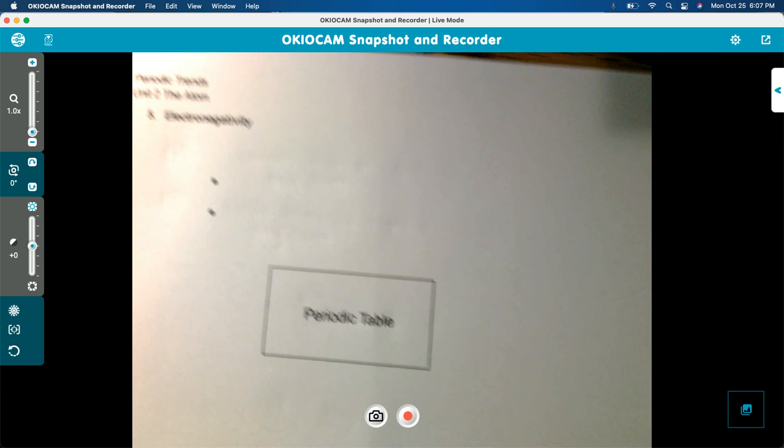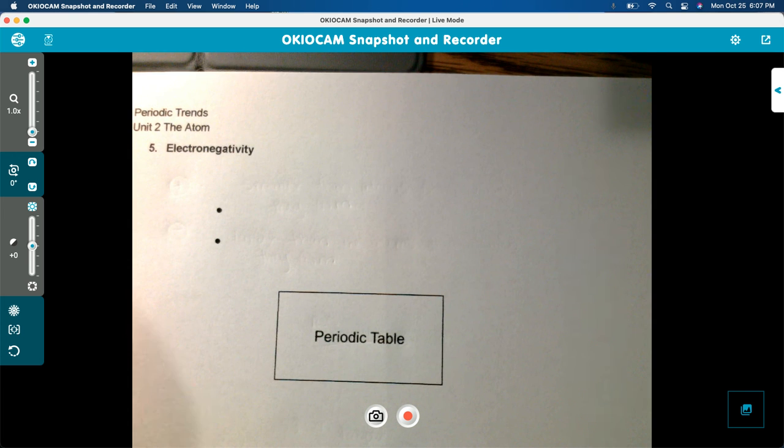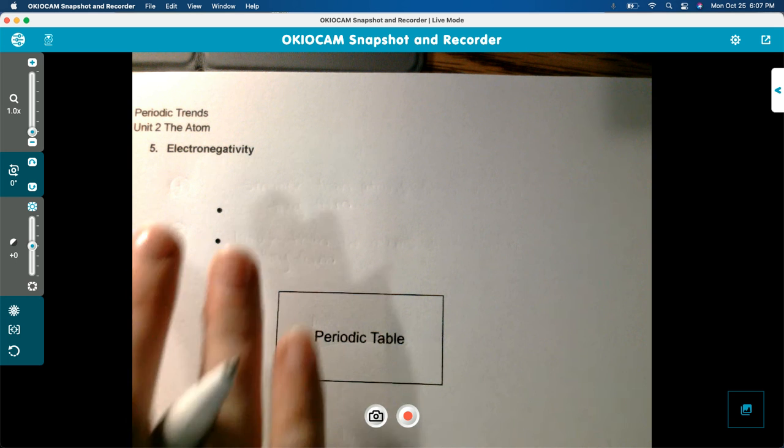The last thing that we're going to talk about is electronegativity. First, we need to understand what electronegativity is. Electronegativity is the ability of an element to attract electrons when the atom is in a compound.